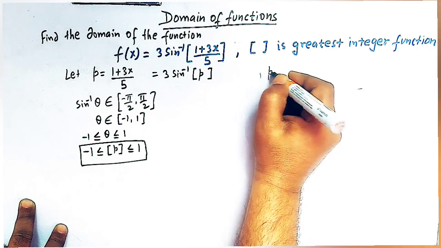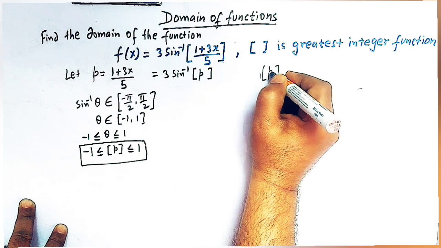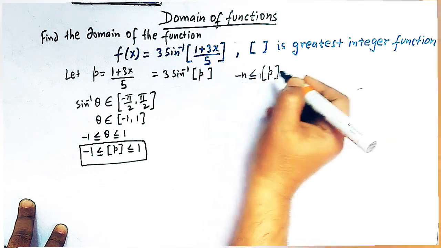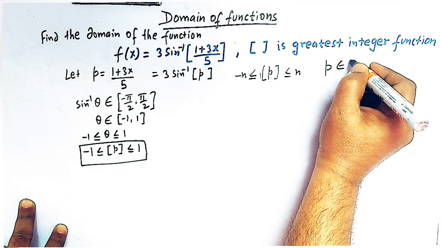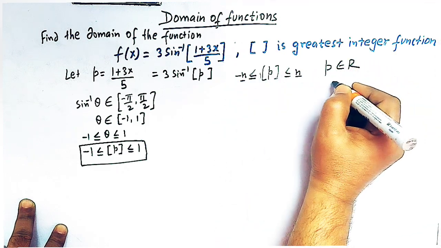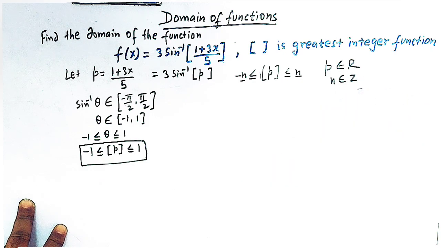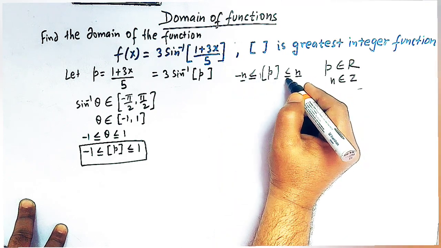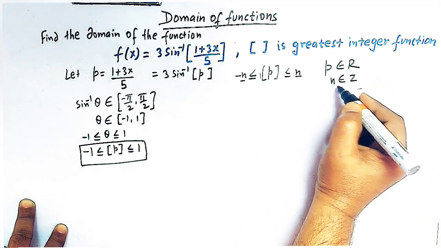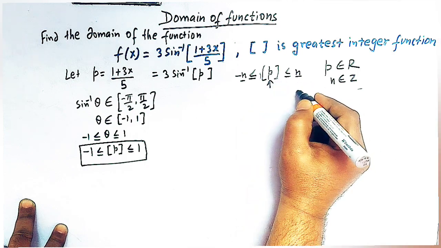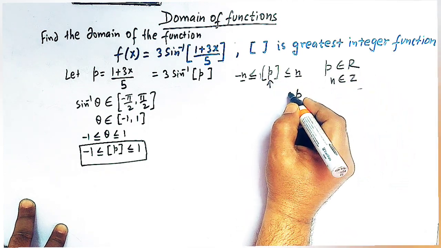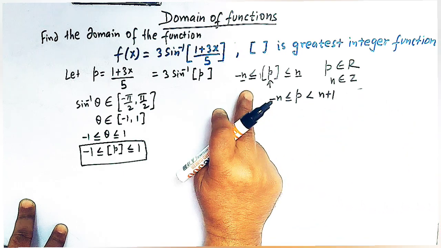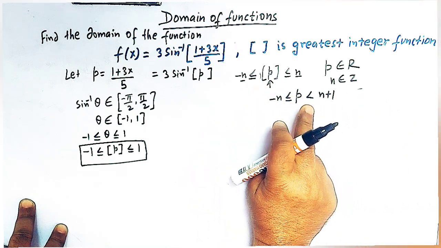If we have a real number p, and the greatest integer of p lies between minus n and n, where p belongs to the set of real numbers and n belongs to the integers, that is, the greatest integer of p is greater than or equal to minus n and less than or equal to n, then this real number p should lie such that it is greater than or equal to minus n but less than n plus 1, right? So we'll make use of this property.